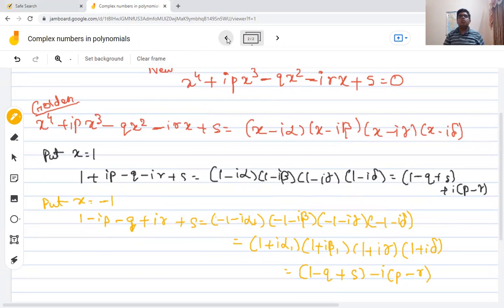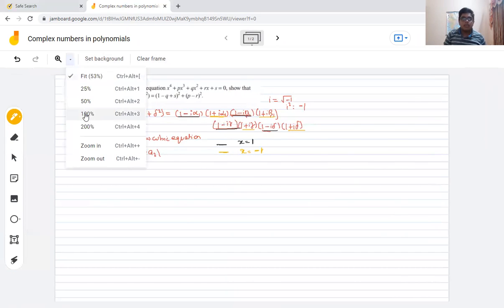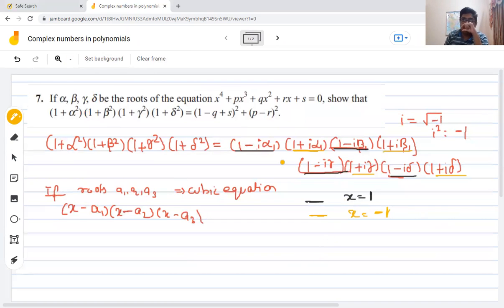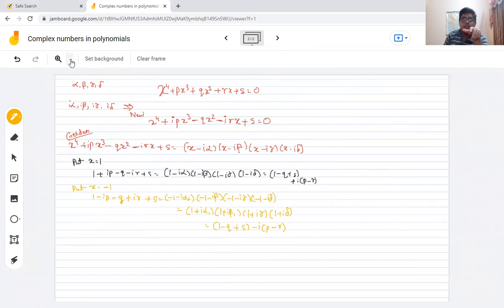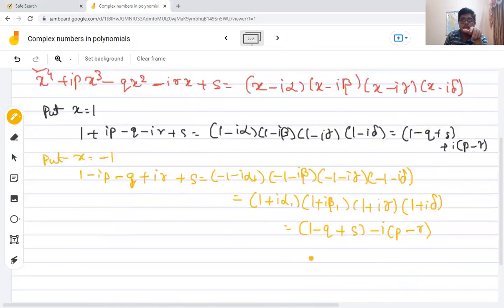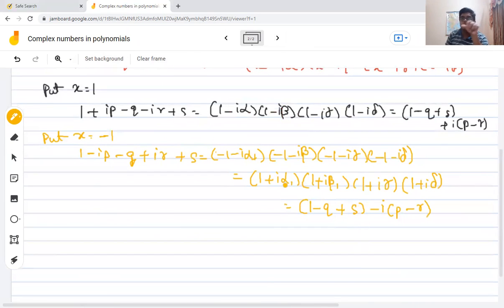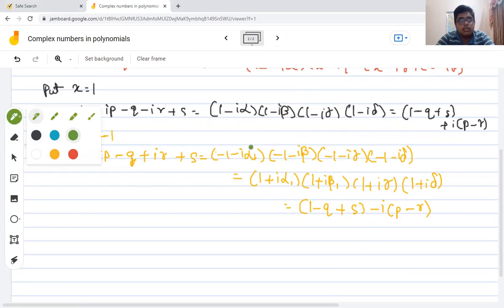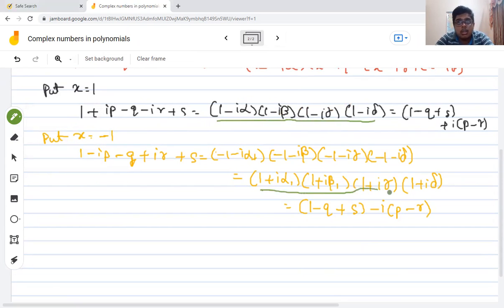Now, what do we actually want? We want this thing, and you can realize that it's the same thing we have got here. So we can actually just multiply these two expressions together. Multiplying this expression and this expression would give us the result.